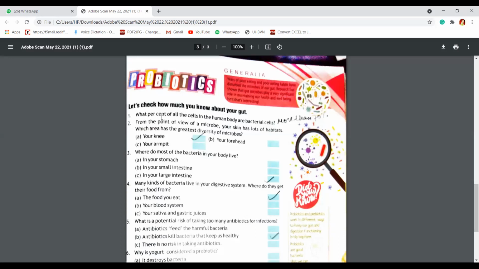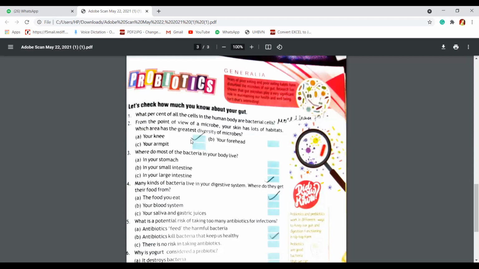What percent of the cells present in the human body are bacterial cells? It is more than 70%. From the point of view of the microbe, your skin has a lot of habitats. Which area has the greater diversity of microbes?